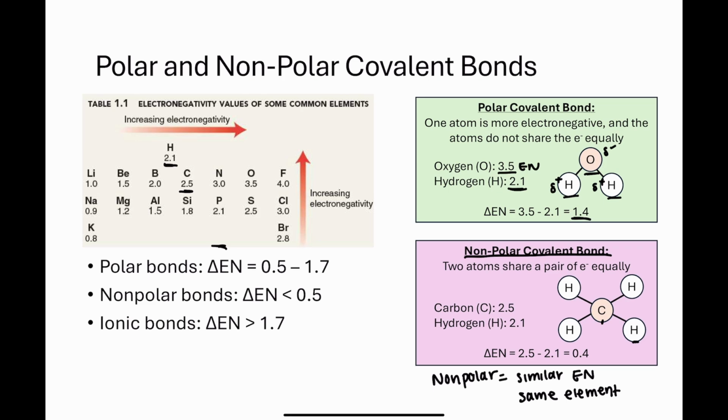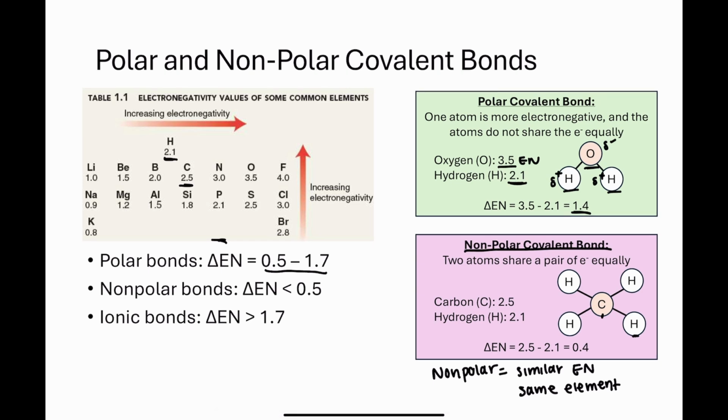Mathematically, a bond is considered polar when its electronegativity difference ranges from 0.5 to 1.7, and nonpolar when the difference is less than 0.5. Anything greater than 1.7 is going to be considered an ionic bond, which is what we're going to talk about next.